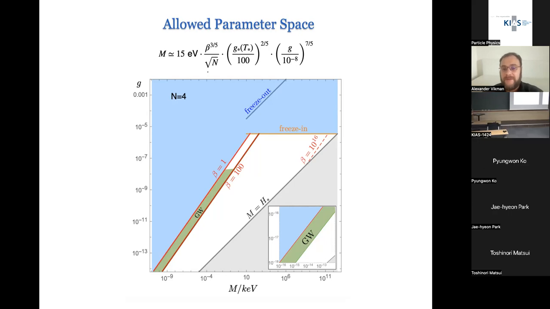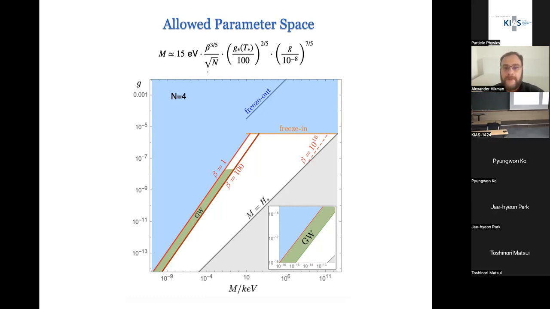So basically 10 minus 12 eV, 10 minus 13 eV. Well, actually, maybe even lower, but honestly speaking, if you go to very low values, in that case this inverse phase transition starts to happen during BBN. And then it depends on your courage and bravery, whether you want to allow it or not.